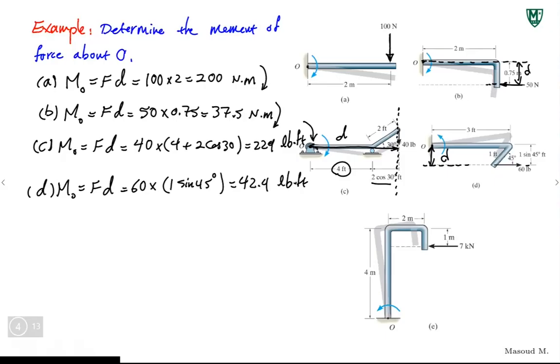So here is the four fingers along the force, pointing in the same direction, palm of my hand towards the point that I'm finding a moment about. Make a fist. That shows the direction of the moment, which is the same direction they put there. Try it out. Make sure you actually get the sense of the direction.